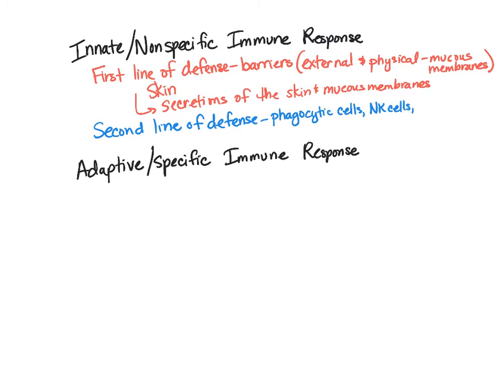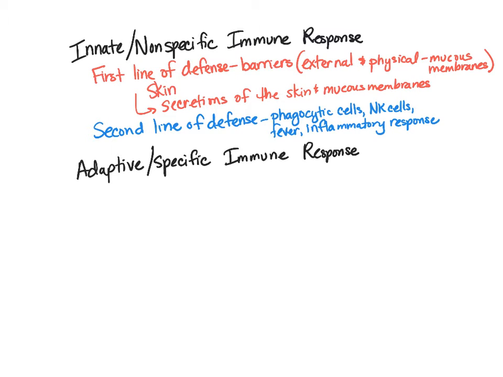It also includes things like fever and the inflammatory response. So this is when something has now gotten into the body, right? Our first line of defense has been breached, it's gotten in, and now we're at our second line of defense. And this is, again, non-specific. So these are just things that are going to try to get rid of something that's in the body.